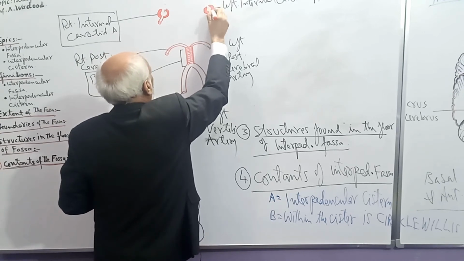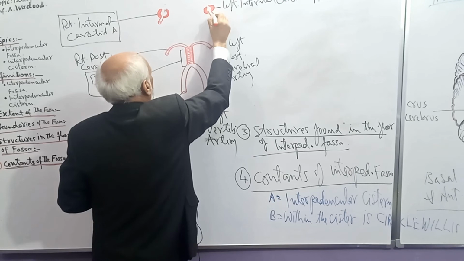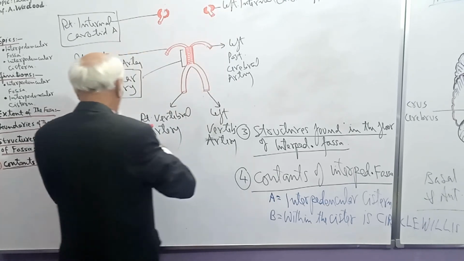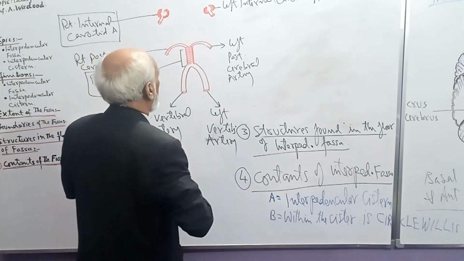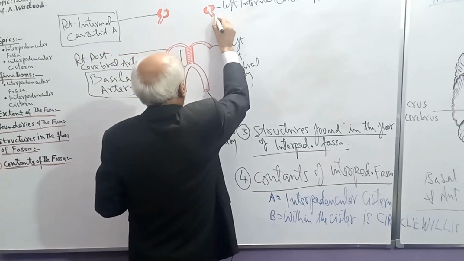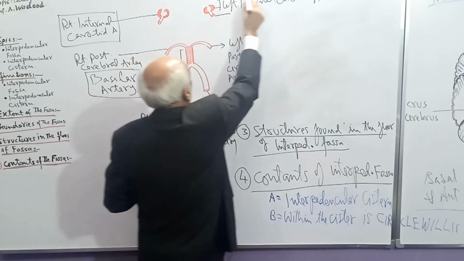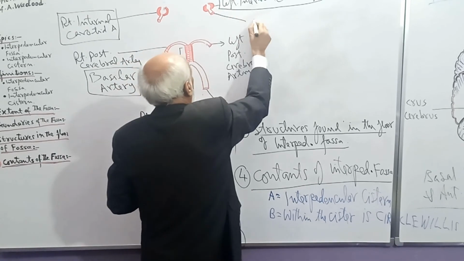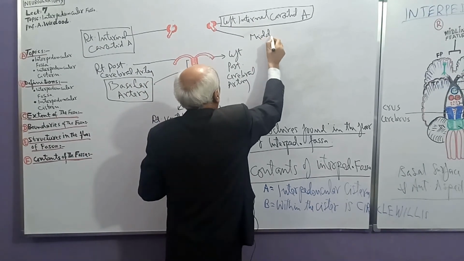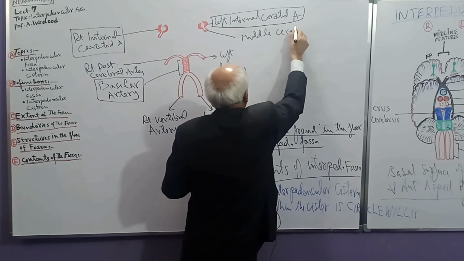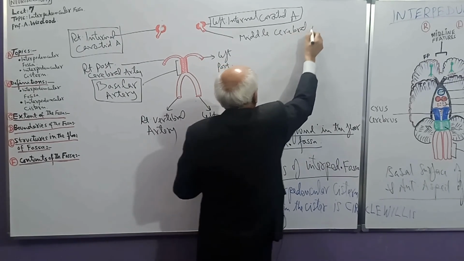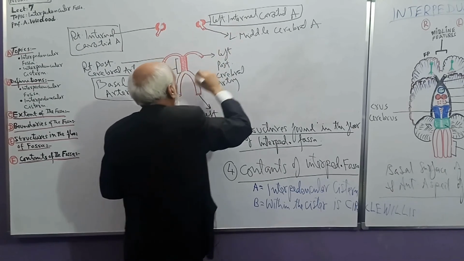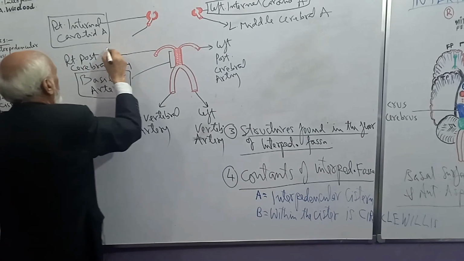Right and left internal carotid arteries, and this is one of its branches, that is the middle cerebral artery. The major artery is the internal carotid artery. This is the middle cerebral artery.